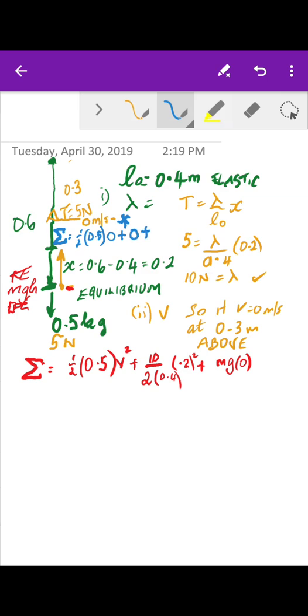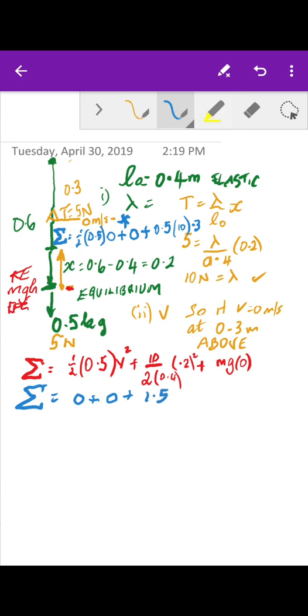And our potential energy is mgh, which is 0.5 g, and our height. Now our height, it's moved 0.3. So that's what our sum at the top would equal, 0 plus 0 plus 0.5 times 3 times 0.3, 1.5.